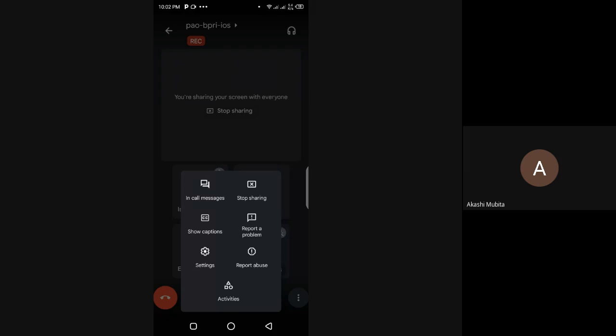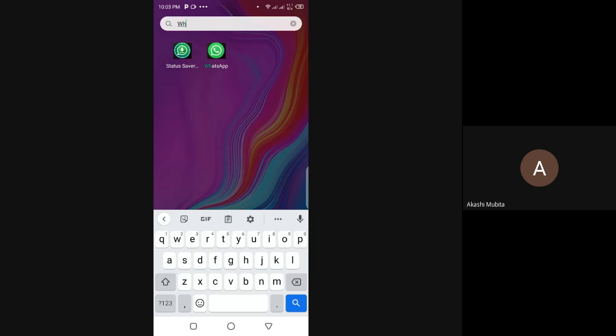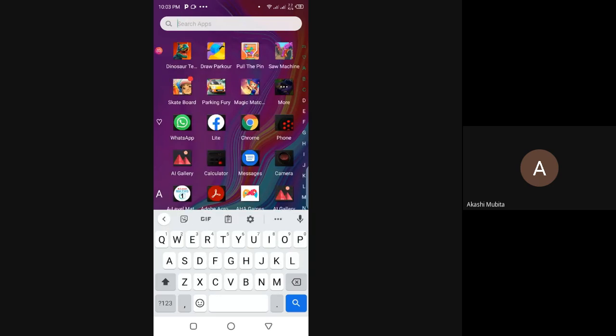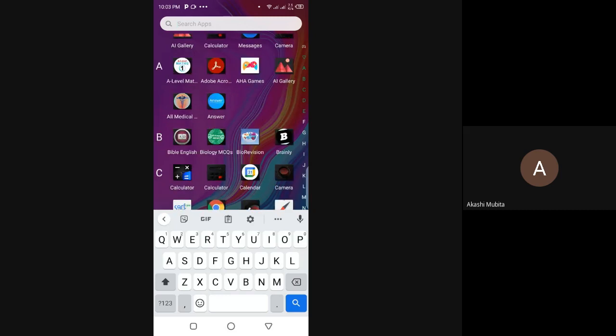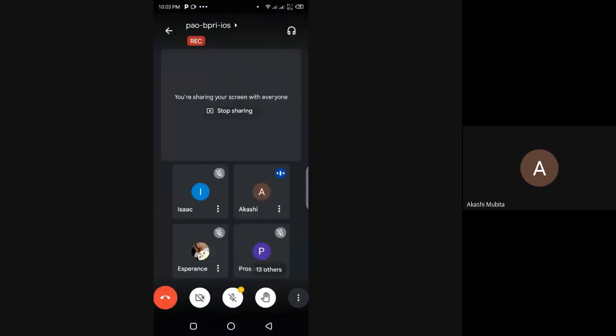Yes, you're already sharing your screen. Now, do you have a whiteboard on your phone, or any board that you use? Did you download it? You have to install it on your phone. Do you have it?